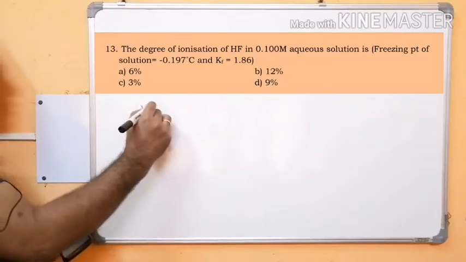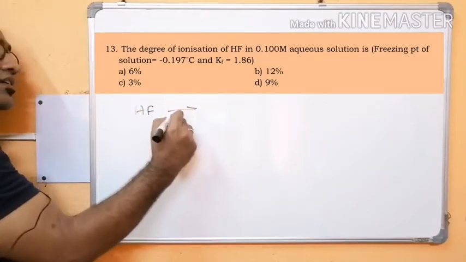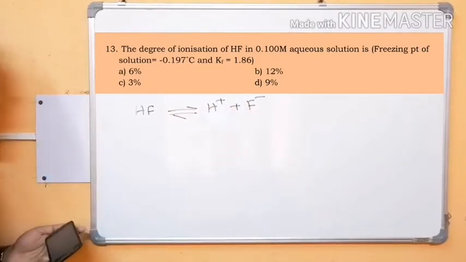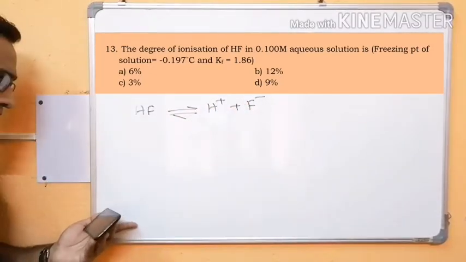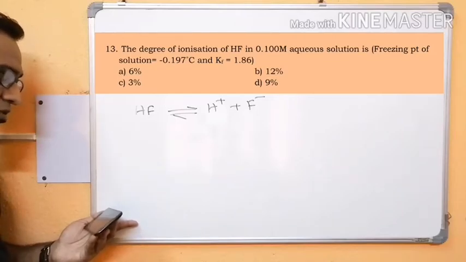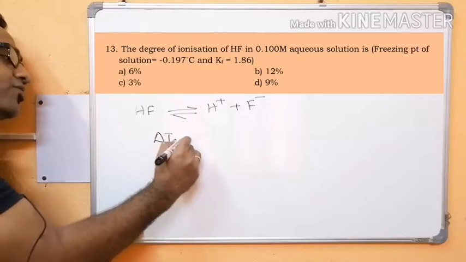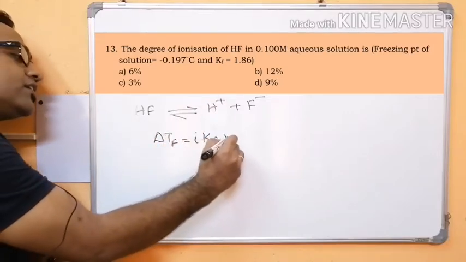So we know HF will dissociate into H plus ion and F minus ion. Now what do you have to find out? You have to first find out the i value. We know delta Tf is equal to i into Kf into m.